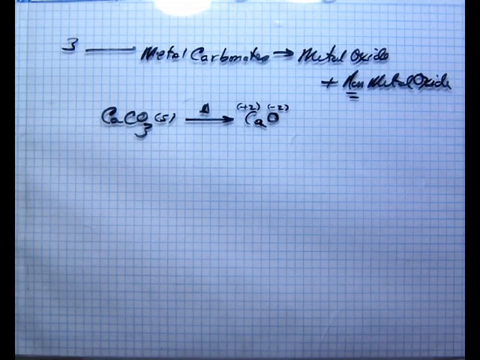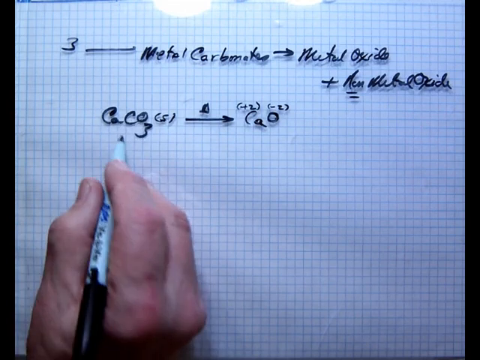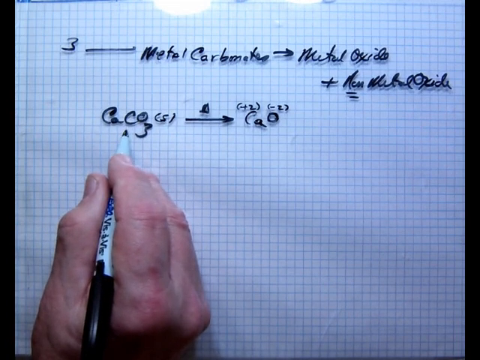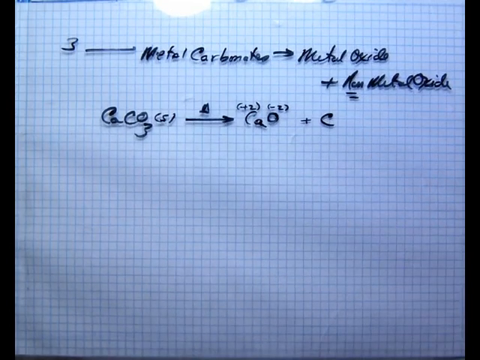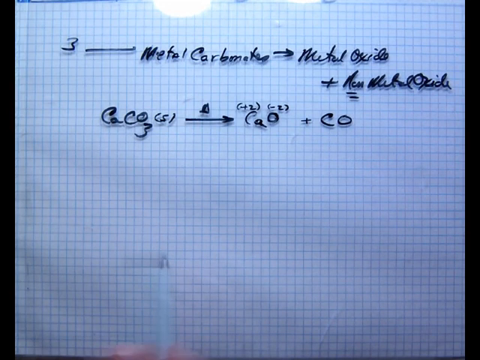Okay, and a non-metallic oxide. Well, carbon is the only other element in here, and it's a non-metal, so we'll put a carbon down here, and oxide. Now, is that the correct number of elements? Not exactly. Two ways to deal with this.